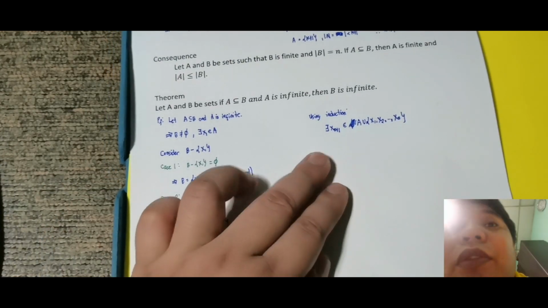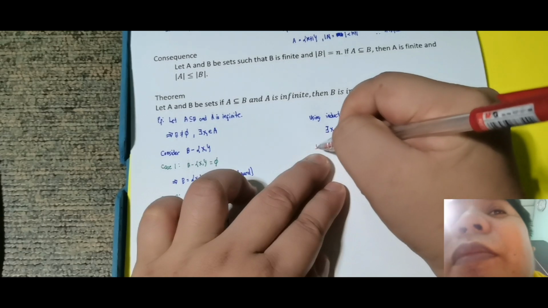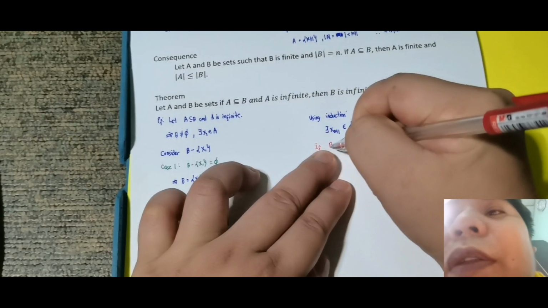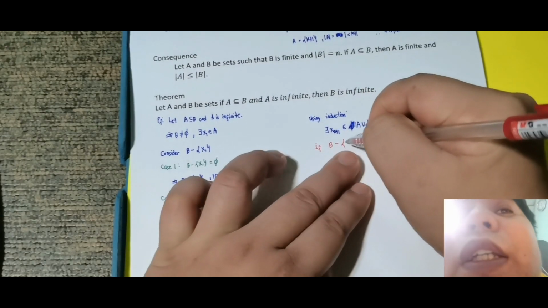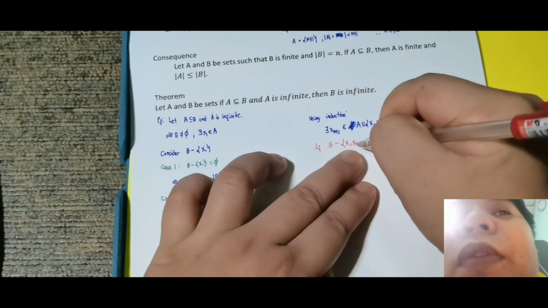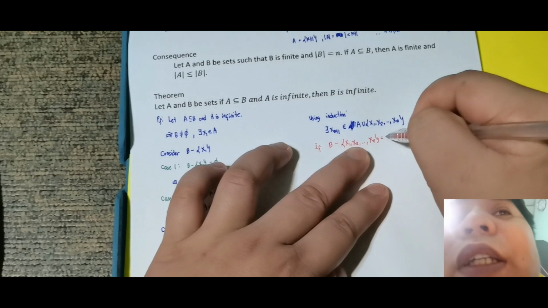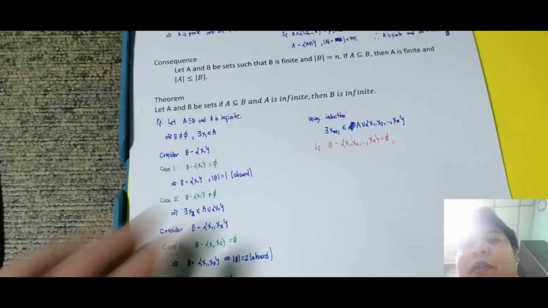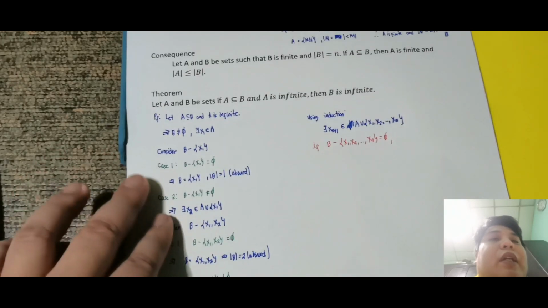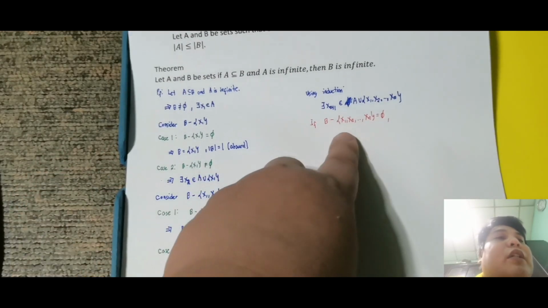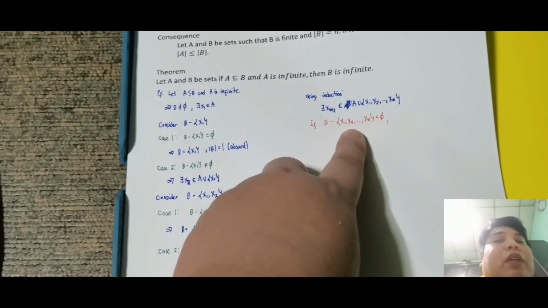Okay, so ngayon, dalawang cases ulit mangyari dito. If B minus the set containing x sub 1, x sub 2, up to x sub n is empty, then ganun ulit. Magko-contradict ulit sa fact kasi ang mangyayari is, yung B is the set containing x sub 1, x sub 2, up to x sub n.